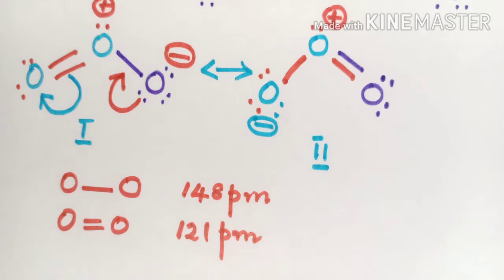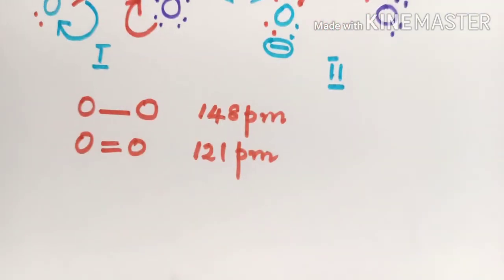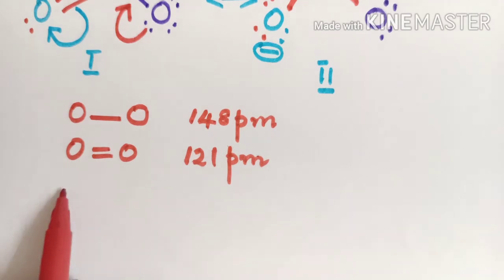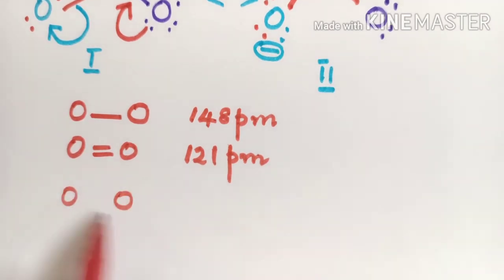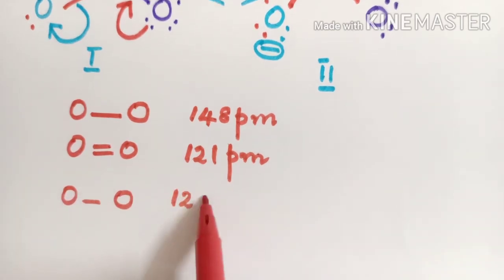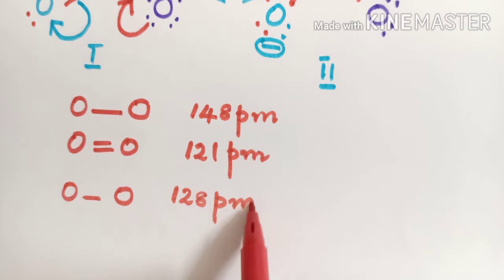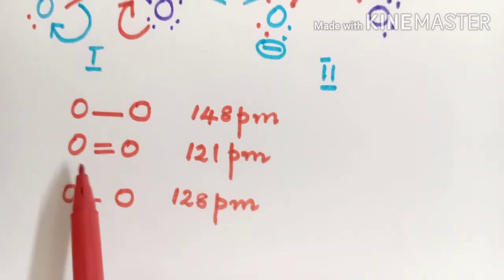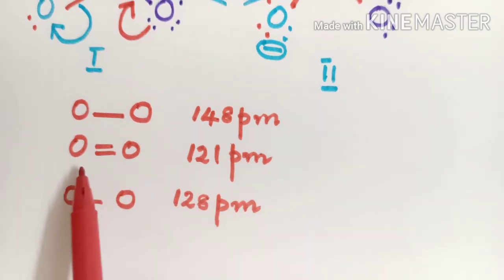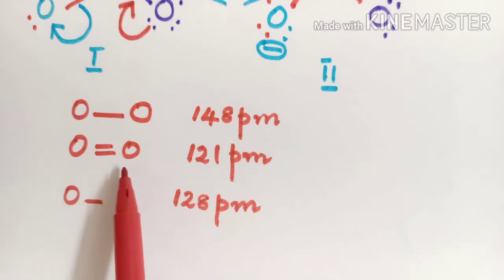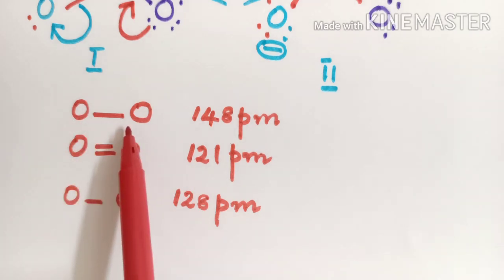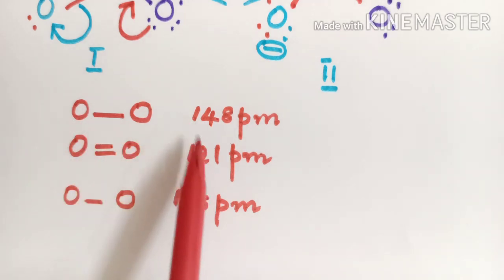But when we check the structure of ozone, you find that the bonded oxygens have a bond length of around 128 picometers. That implies that in ozone we don't have a true double bond or a true single bond. So it is lying in between.